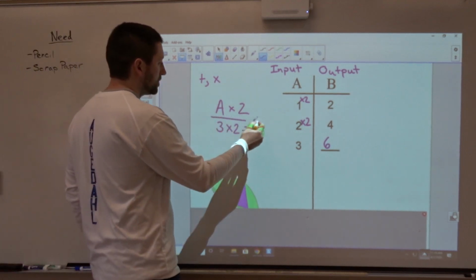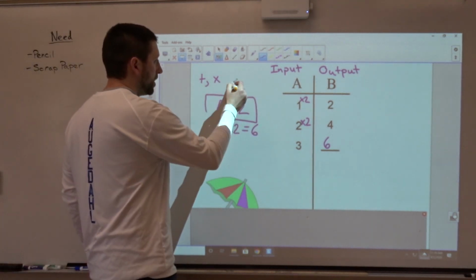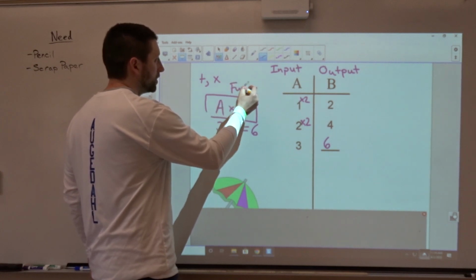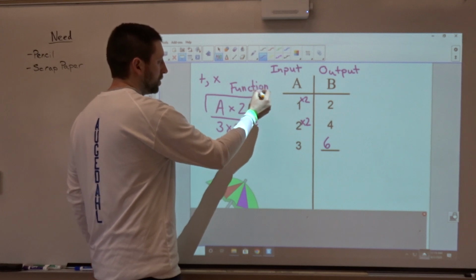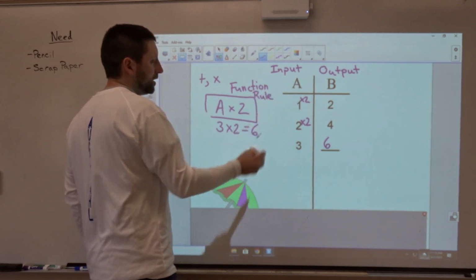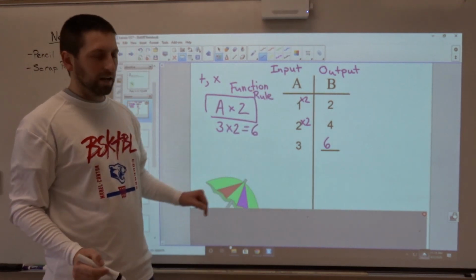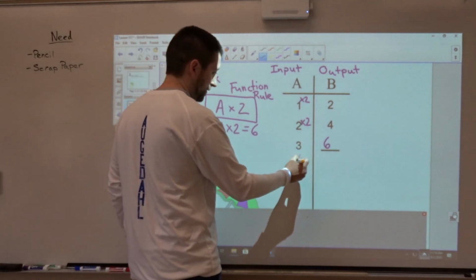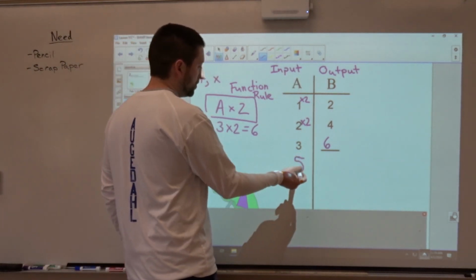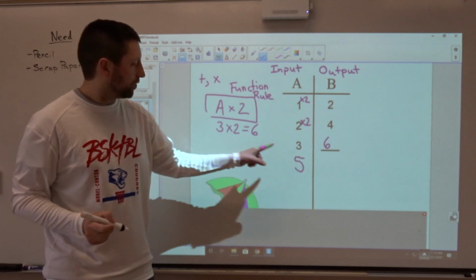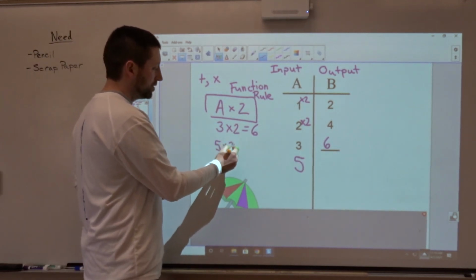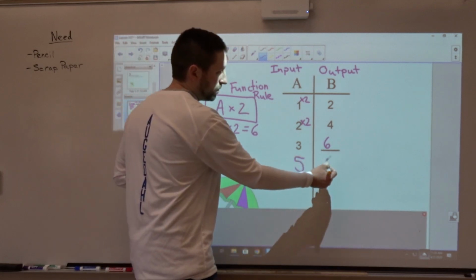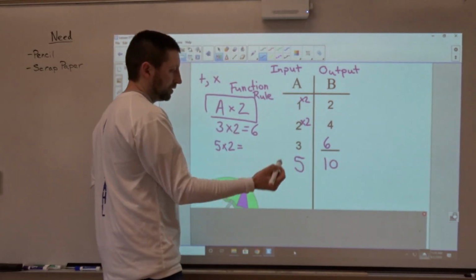And then this would be called my function rule. So I could write any number I wanted in A. Let's say I wrote down a 5 here. And I could use this rule, put this 5 in for the A, and do 5 times 2, and then B will be 10.